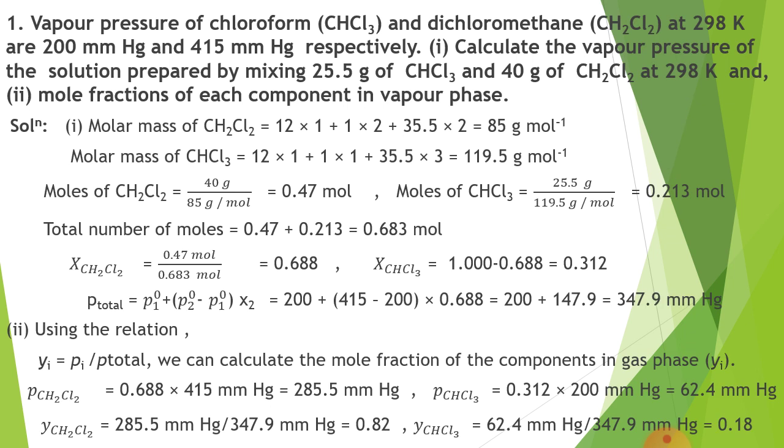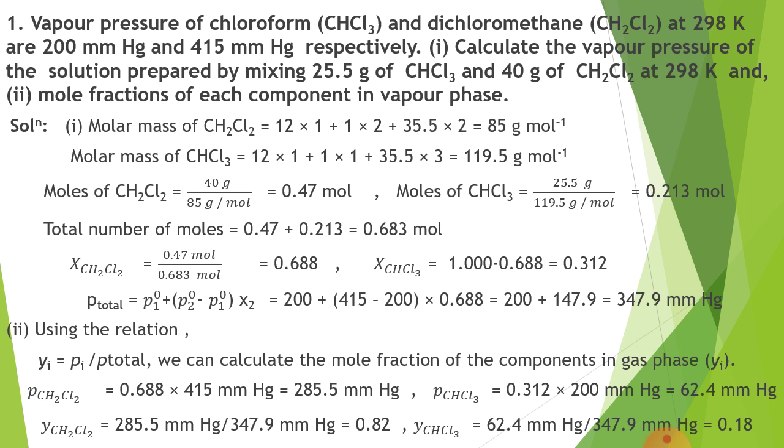Now some questions based on Raoult's law. So one numerical here. The vapor pressures of chloroform, CHCl3, and dichloromethane, CH2Cl2, at 298 Kelvin are 200 mm Hg and 415 mm Hg respectively.